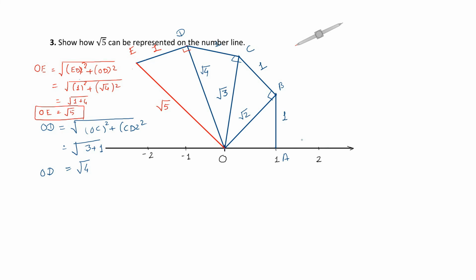So now we have to represent this square root of 5 on the number line. We will take a compass, and with center O and the radius OE, let's draw an arc.